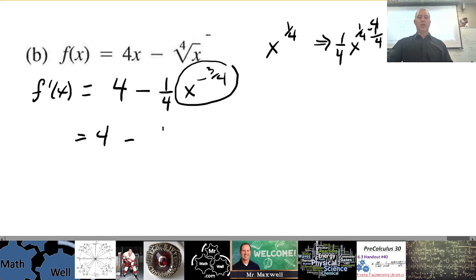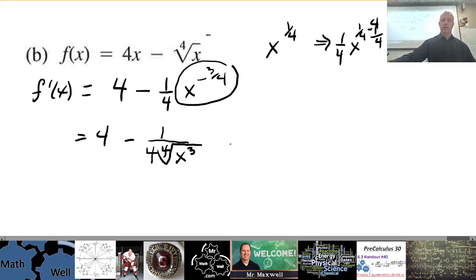So putting all this together, that's going to be 1 over 4 times the 4th root, the 4 goes in the notch there, of x cubed. And the cubed can go inside or outside of the radical. It doesn't matter. They're both the same.